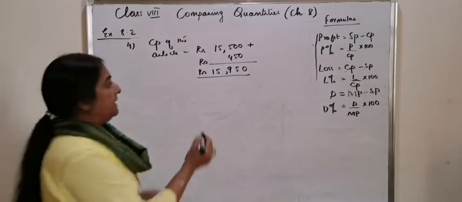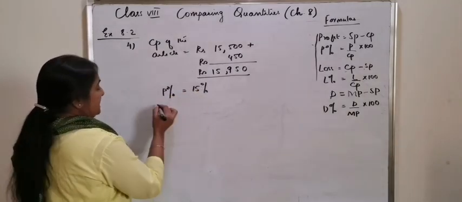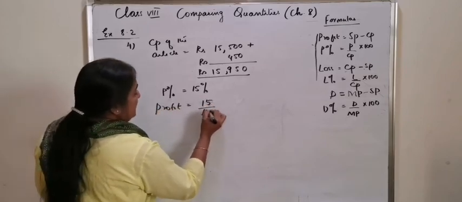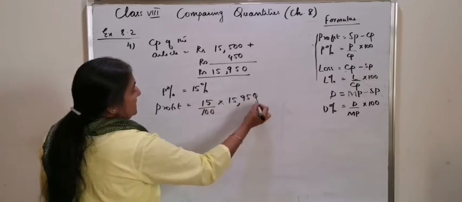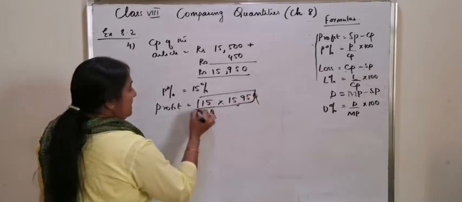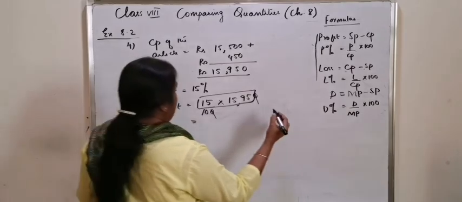So a profit is made in this deal. Profit percent is equal to 15%, or the profit he is obtaining is 15 by 100 of 15,950. Let us keep this 10 here for a division purpose instead of cancelling.